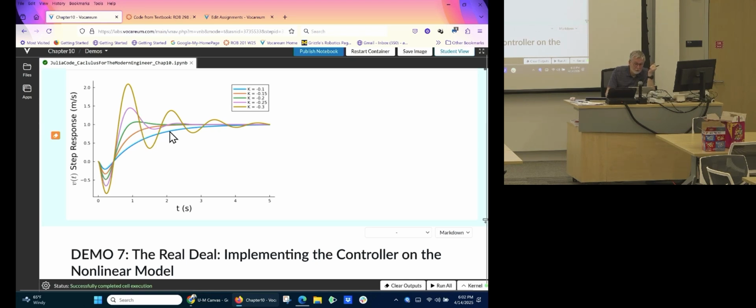Now, this blue line down here with the lowest gain, so that's kind of your most conservative response. This next one up, the orange one, looking not too bad, right?